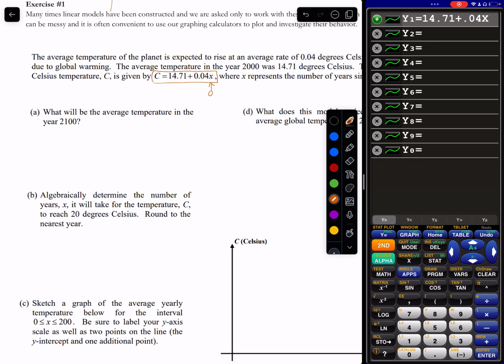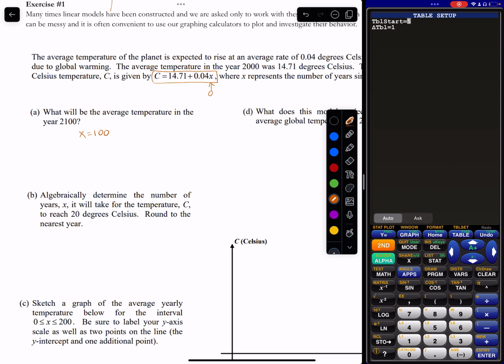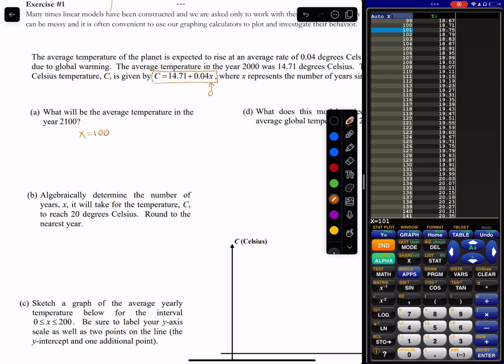Because we're using 100, since x is 100 years after the year 2000. If I want to look at my table set button, we click the table set button, and if I want my table to start at 100, then when you click the table button, it'll take you right to 100, and you're going to see what the temperature would be.